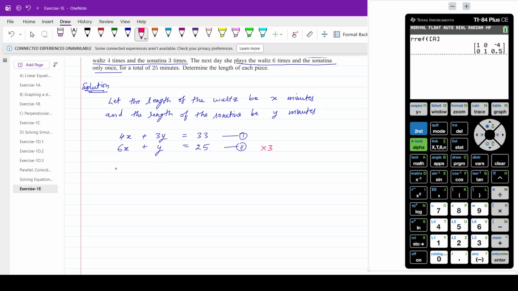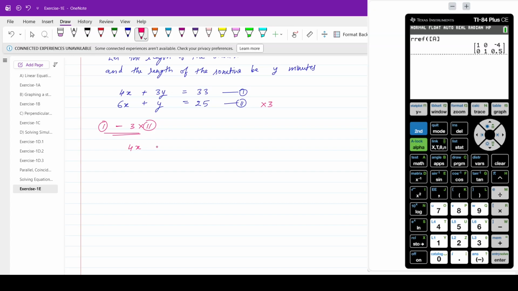So we'll subtract 3 times the second equation from the first one. 4x plus 3y is equal to 33, and multiplying the second equation by 3 we'll get 18x plus 3y is equal to 75.